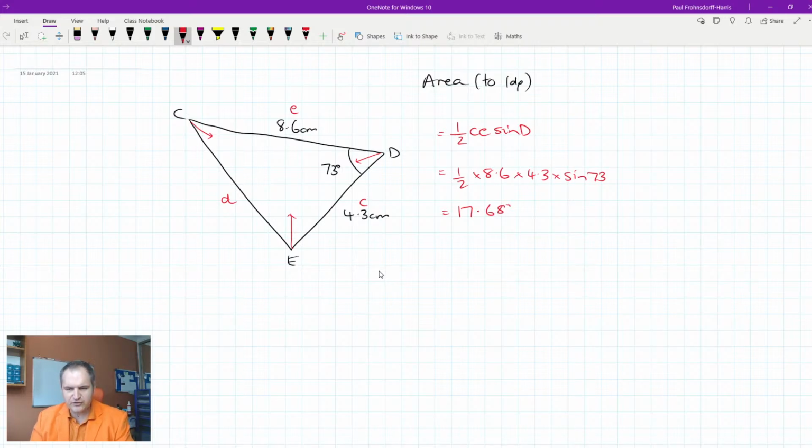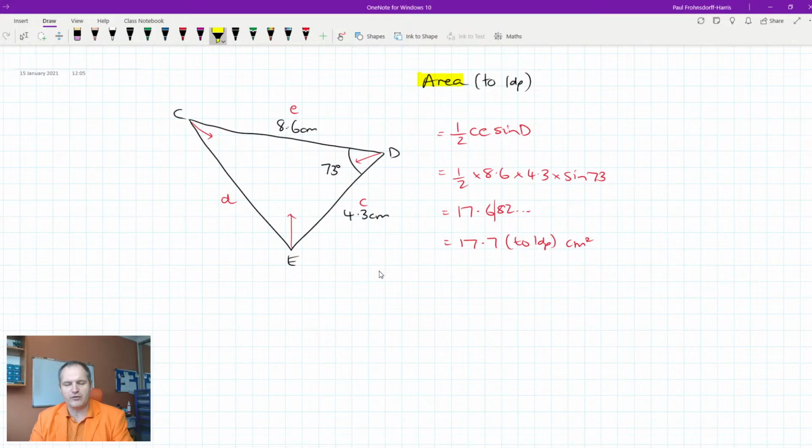I'm going to write 17.68 with a dot dot dot. That means it's not rounded yet, then my rounded answer, just so you can see the difference. Dot dot dot means I have done no rounding, I've just written the first few digits, and then I've done the rounding here, so that's where I've got 17.7. This is going to be centimetres squared because it is an area.